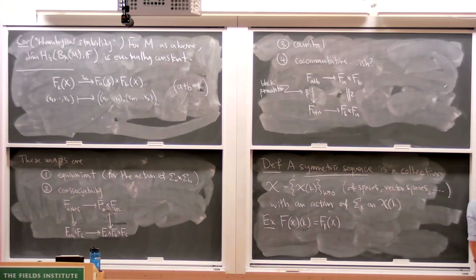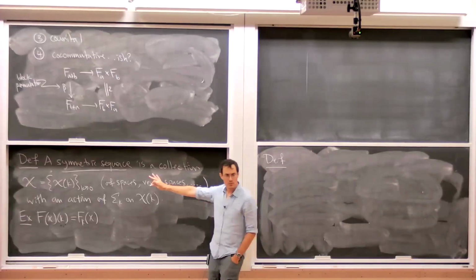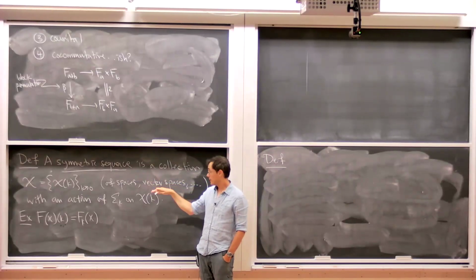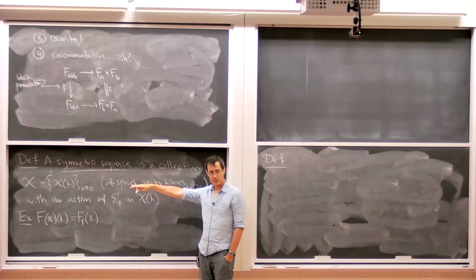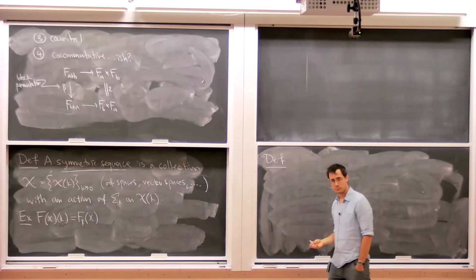Another definition. I can take two of these things as long as I'm living somewhere linear, like vector spaces, and not like topological spaces. I can tensor them together.